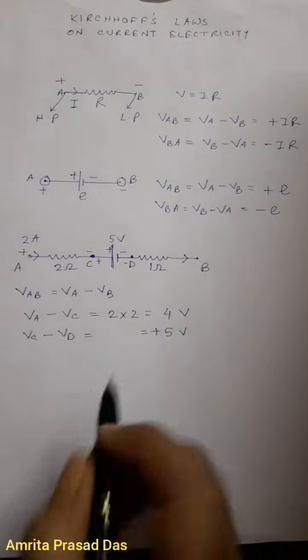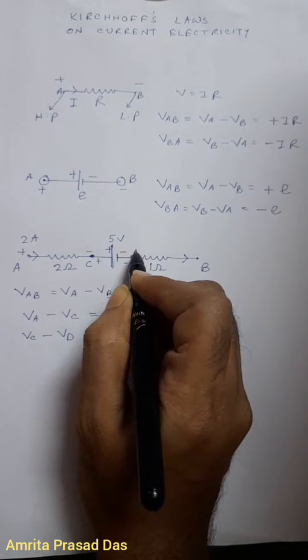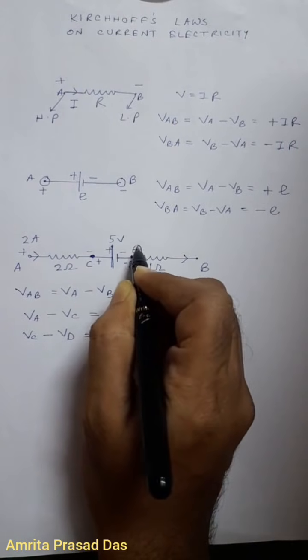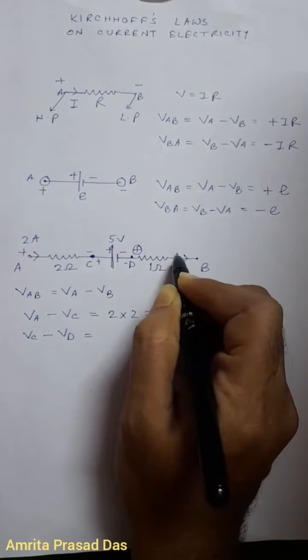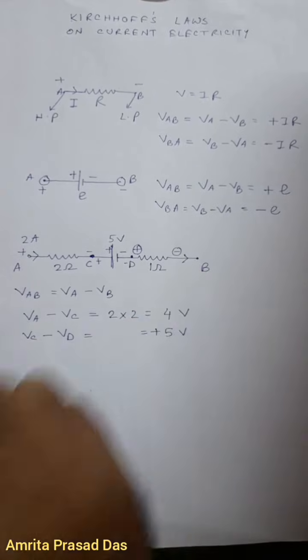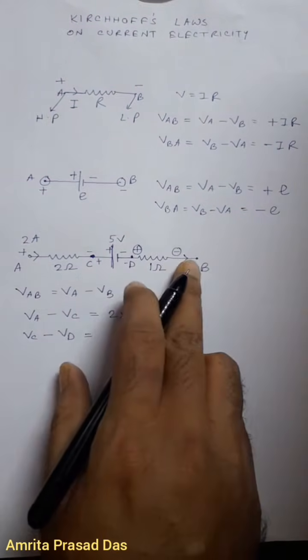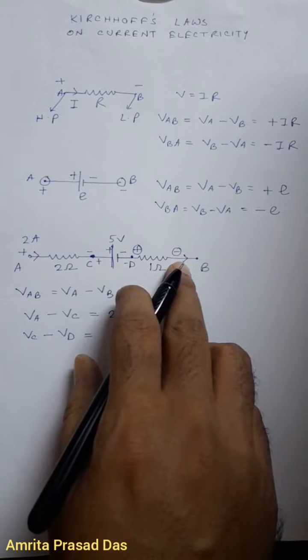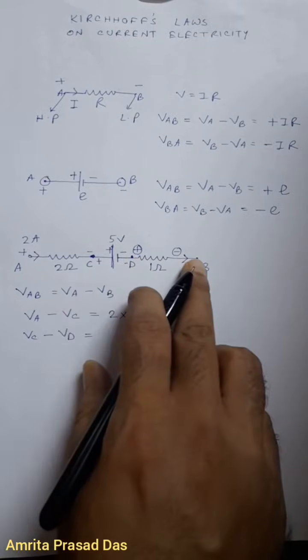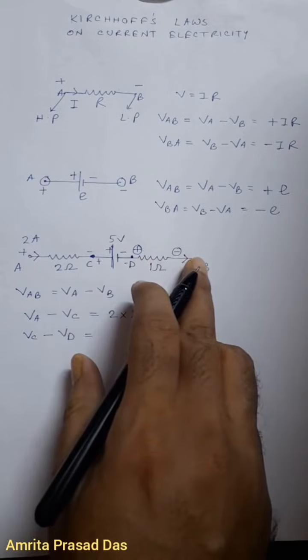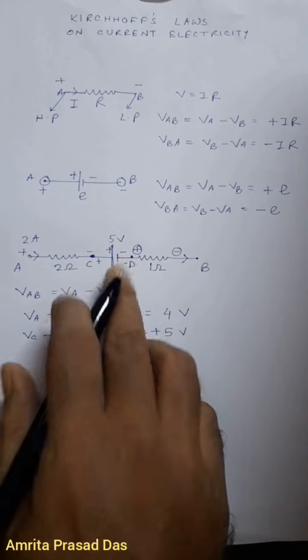Now if we compare between D and B, then D is at high potential with respect to B and B is at low potential with respect to D, because there is a resistance 1 ohm between these 2 points and current is flowing from D to B. Therefore, with respect to B, D is at high potential.